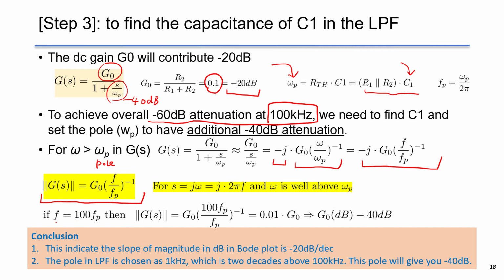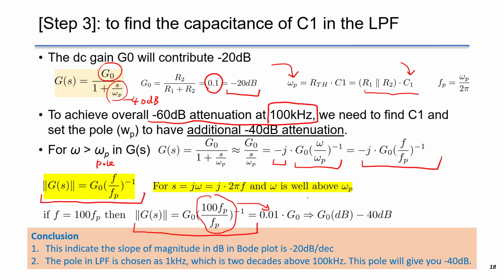If the frequency f equals 100 times fp, then the magnitude will be written as this, and this part will be written as 0.01 times G0.